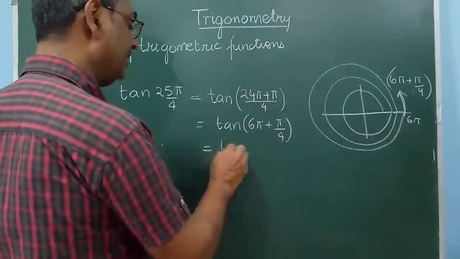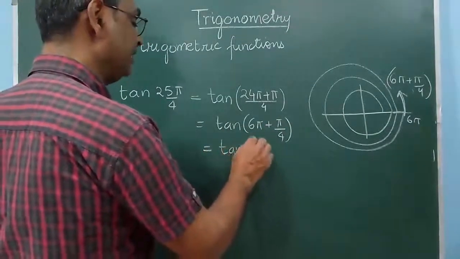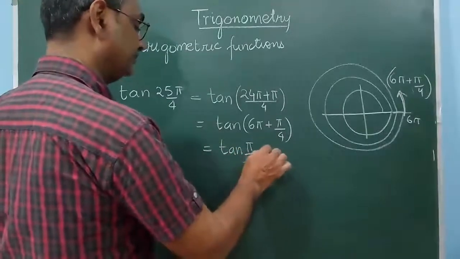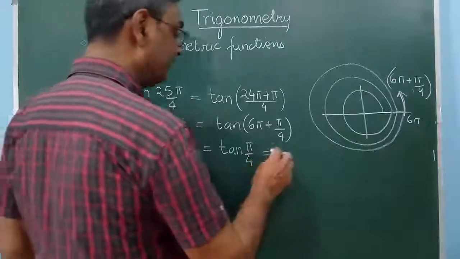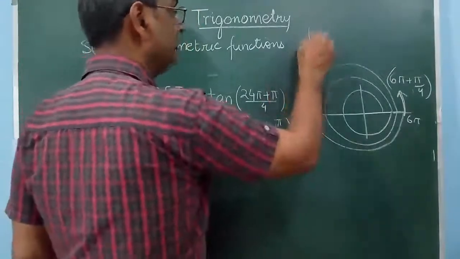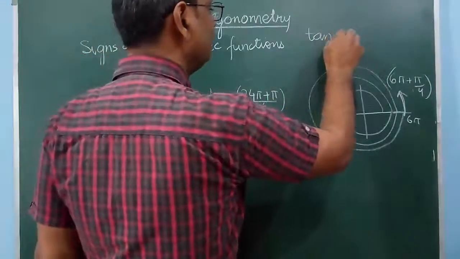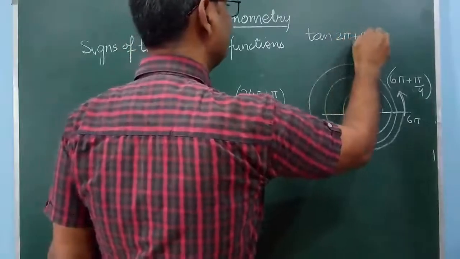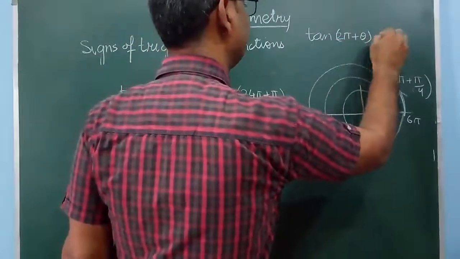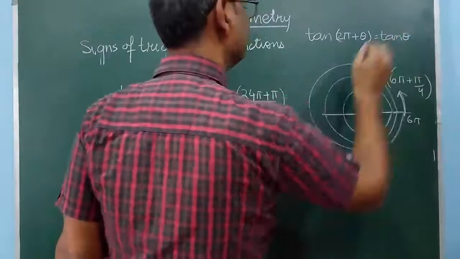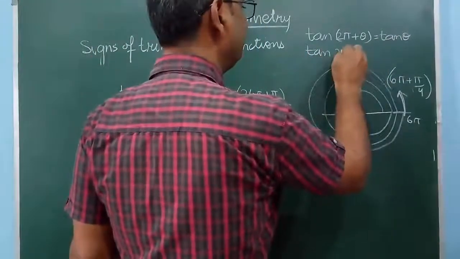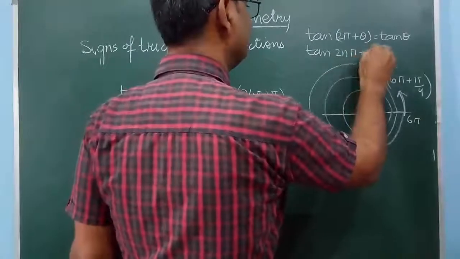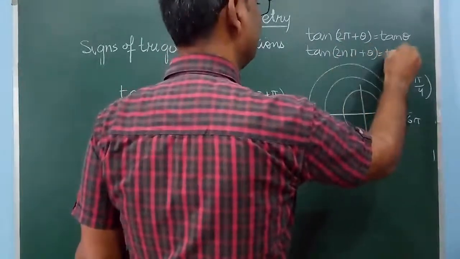First quadrant, and there it will be positive, so it will be tan pi by 4, which is 1, because we know that tan of 2 pi plus theta equals tan theta, or tan of 2n pi plus theta equals tan theta.